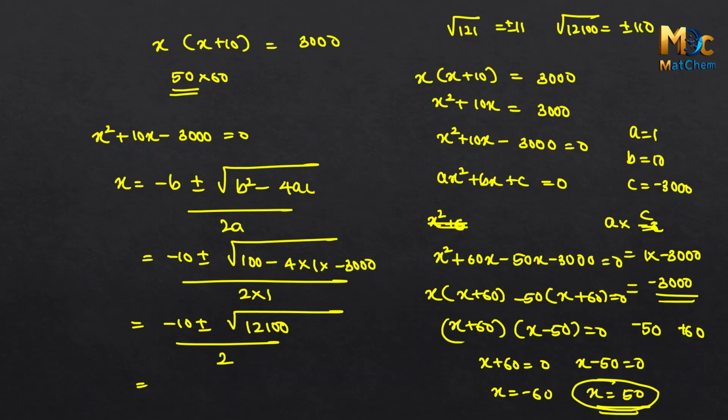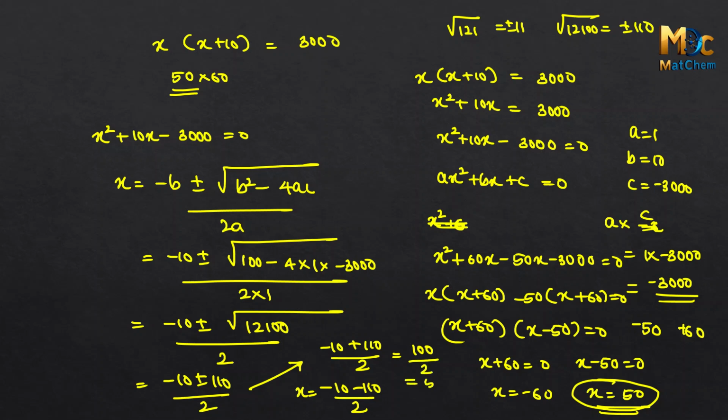So this is equal to minus 10 plus or minus 110 divided by 2. So it can be written in two different ways: minus 10 plus 110 divided by 2, or minus 10 minus 110 divided by 2, that is equal to x. We don't need to take the negative value because we are talking about the filling capacity. It should be positive. So 110 minus 10 is equal to 100. 100 divided by 2 is equal to 50. So the filling capacity will be equal to 50.